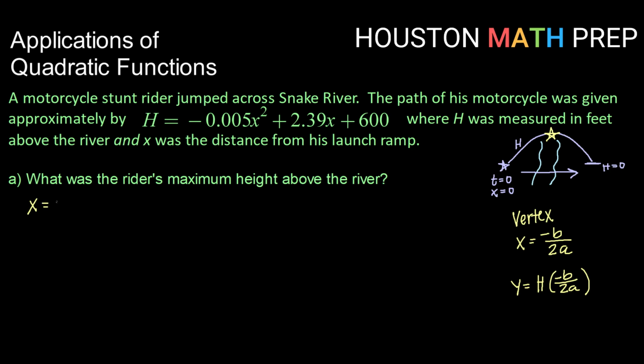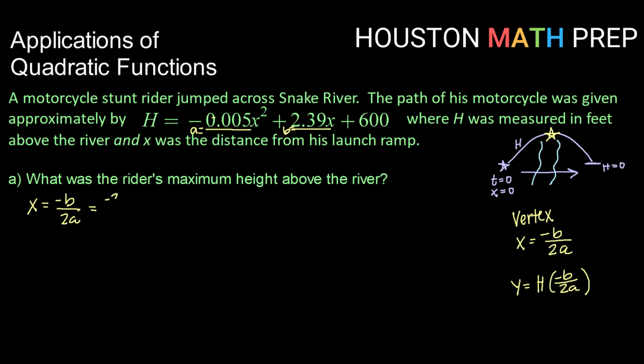First, finding our x-coordinate, negative b over 2a. Since our equation is already in standard form, this negative 0.005 is going to be our a, and 2.39 is going to be our b.